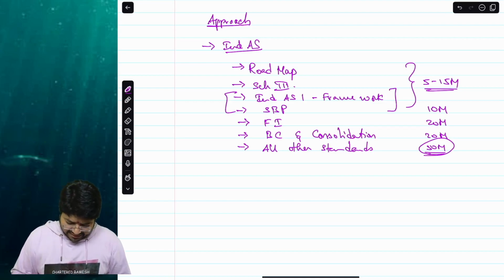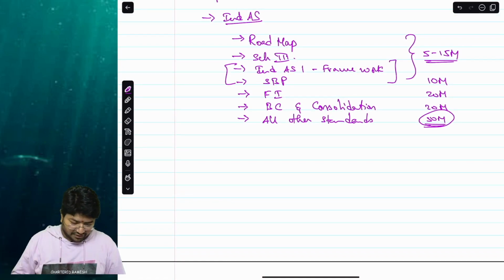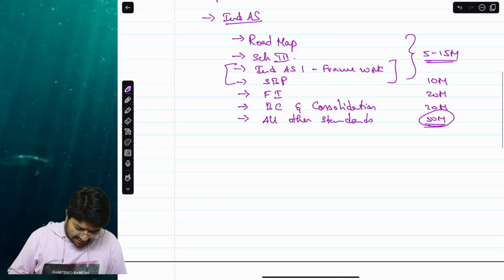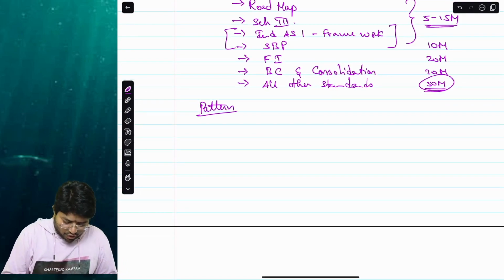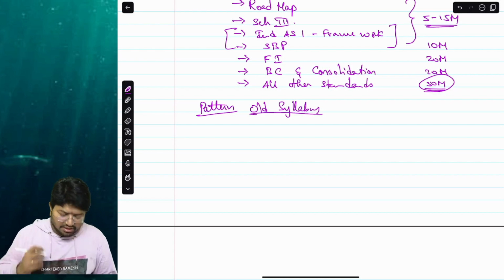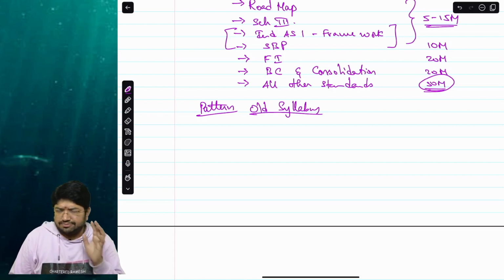If you look at the examination questions, the pattern in the old syllabus is such that it is more of conceptual testing even in the recent past.